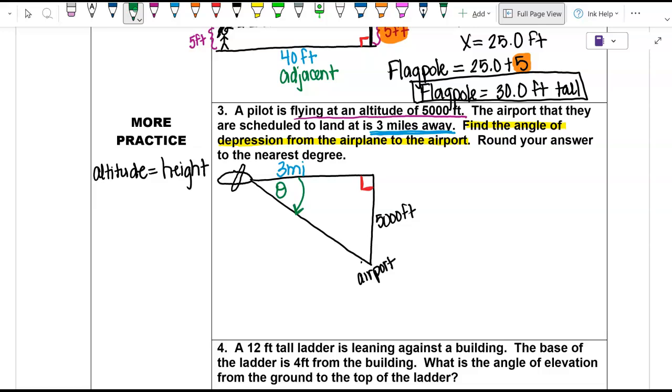So now I have one other problem here before I can start solving this. What is one other thing I need to address in this particular problem? Well, before I even start talking about adjacent, opposite, hypotenuse, there's something in this problem that I can't move forward with.